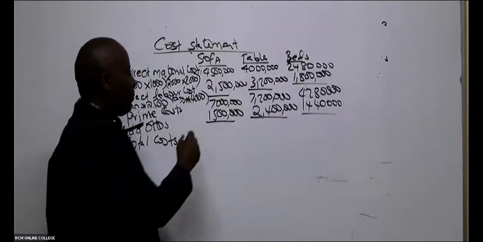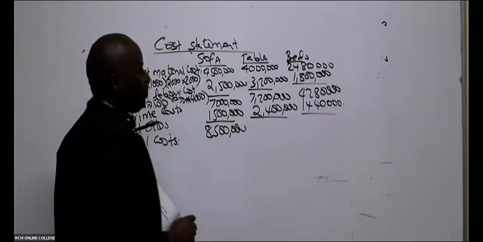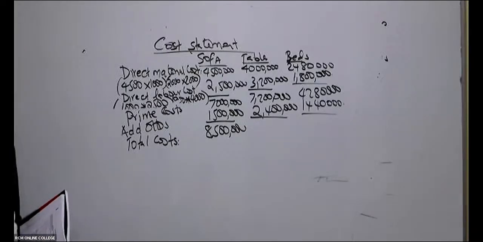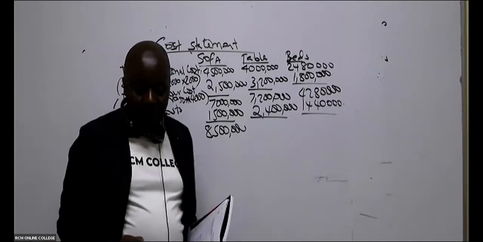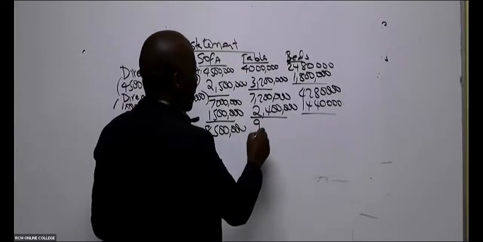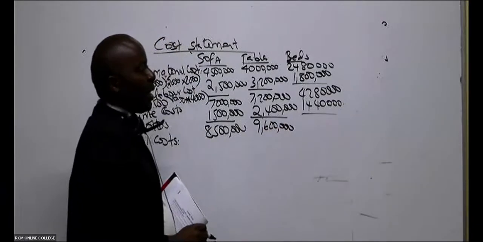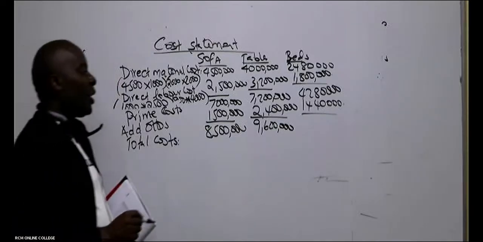Cynthia tells me this is supposed to be 8.5 million. Correct, sofa set. Then tables is 9.6 million. Lastly, beds: the total cost is 57,20,000.